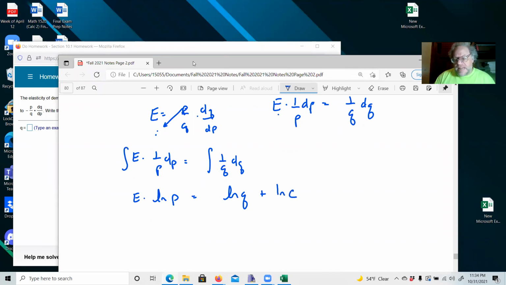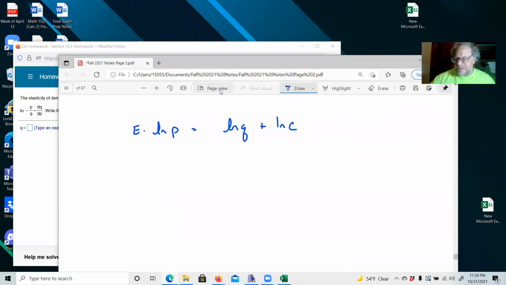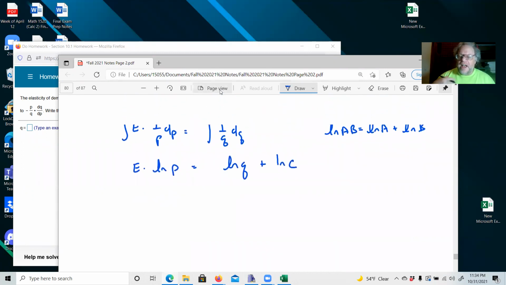Now, do you remember your rules of logarithms? Of course you do. That's a rule of the logarithm. I say that like I really expect you to memorize this, but I'm just reminding you of this, and you'll keep this in your head when you're going through your homework and quizzes. I do not mean that you would have memorized this from two years ago.